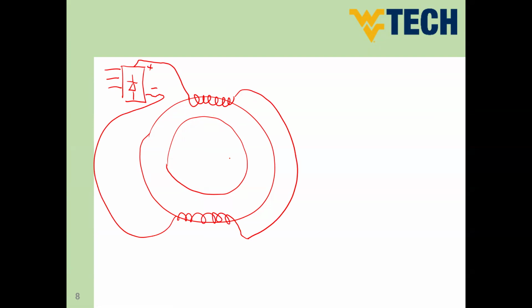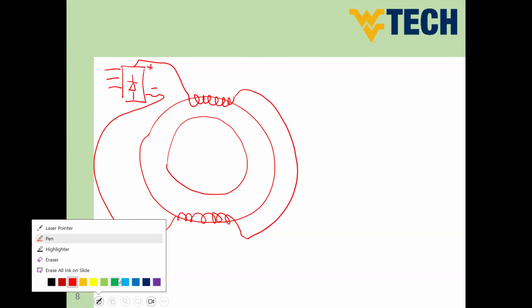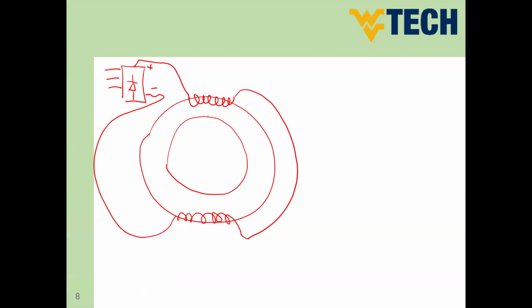If this winding has DC, this means it will create poles. Assume that this pole here is N and this is S, and a flux will move from N to S and will return back through the core like that.